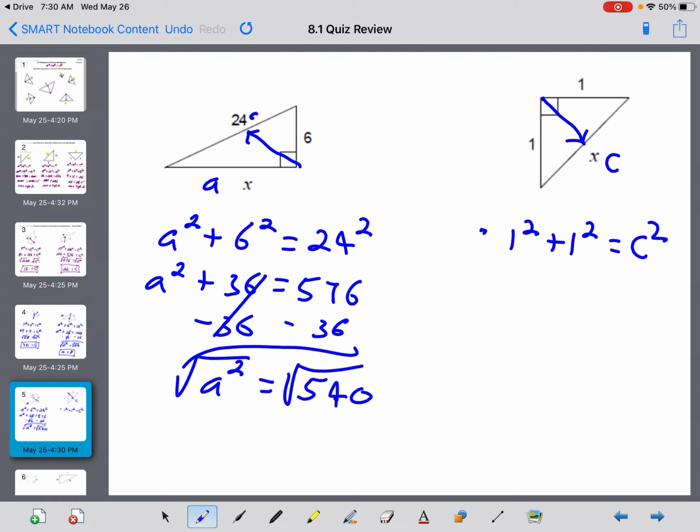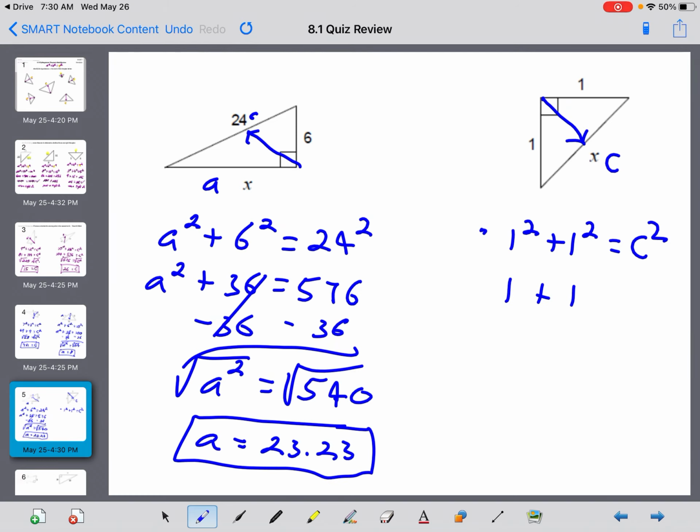Take the square root of both sides, and the square root of 540 is 23.23. 1 squared is 1, plus 1 squared is 1, which equals C squared. 1 plus 1 is 2. And C is the square root of 2, which comes out to around 1.41.